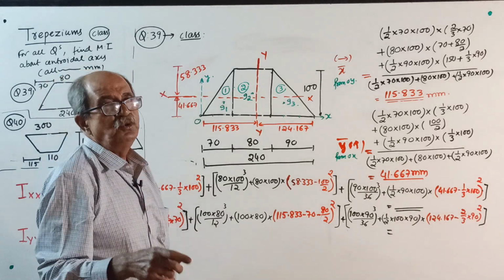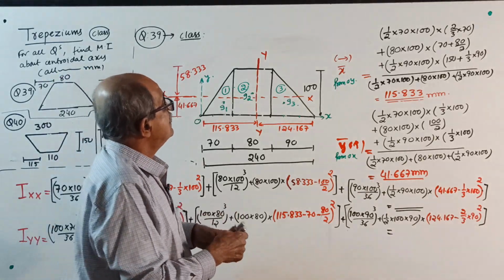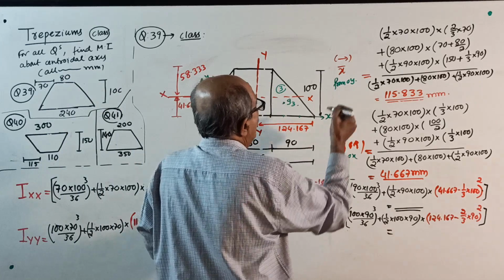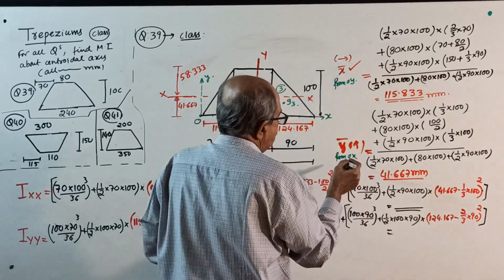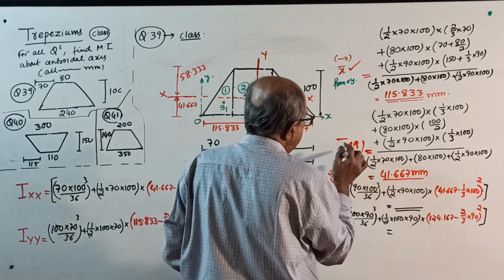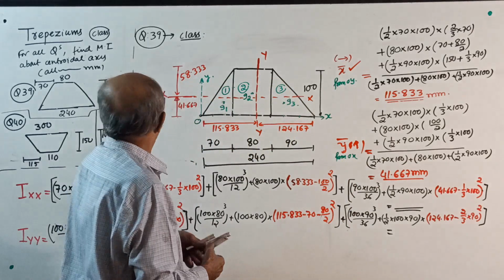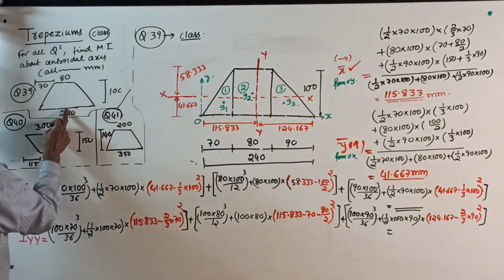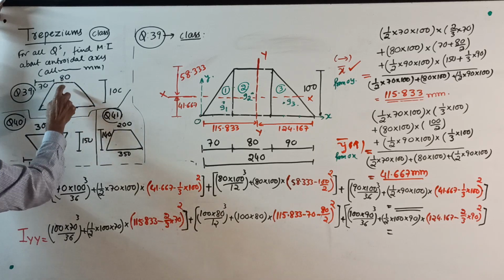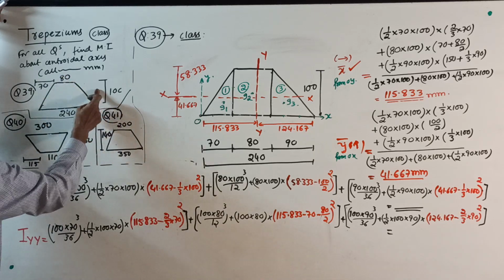Now, you can make a note. This x bar, you have to calculate. But y bar, you need not calculate. Because, if you remember, see here, 240 and 80. These are the two parallel sides. This is height.